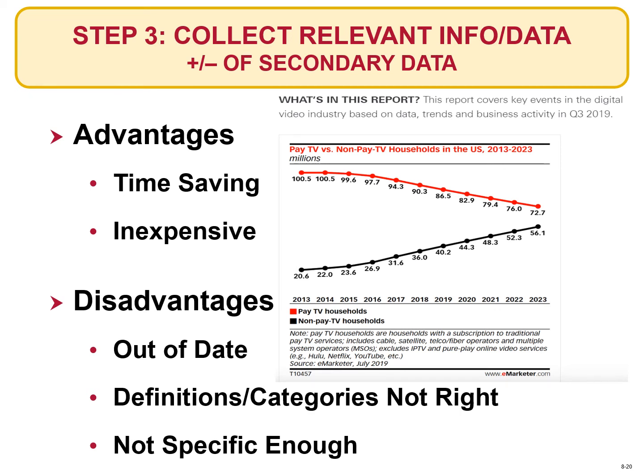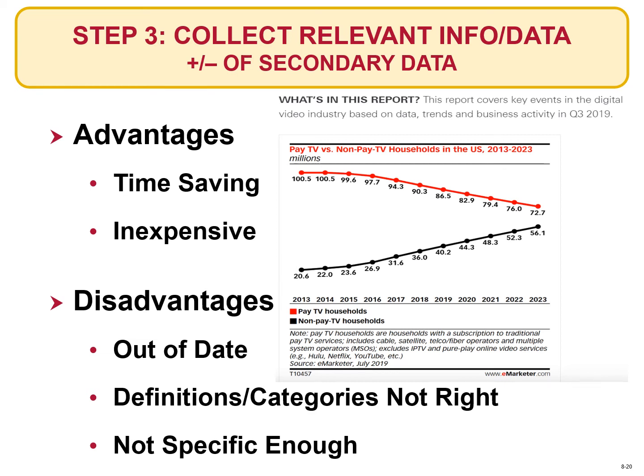Now, the disadvantages of secondary data is it can be out of date. For example, the one that you see here is from 2019. That's the latest I could get in 2021. So it's a 2 year old report and it's kind of out of date right now. Definitions or categories not right.